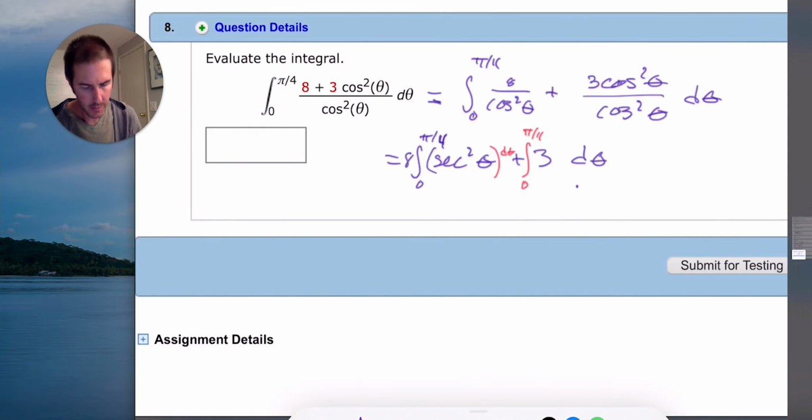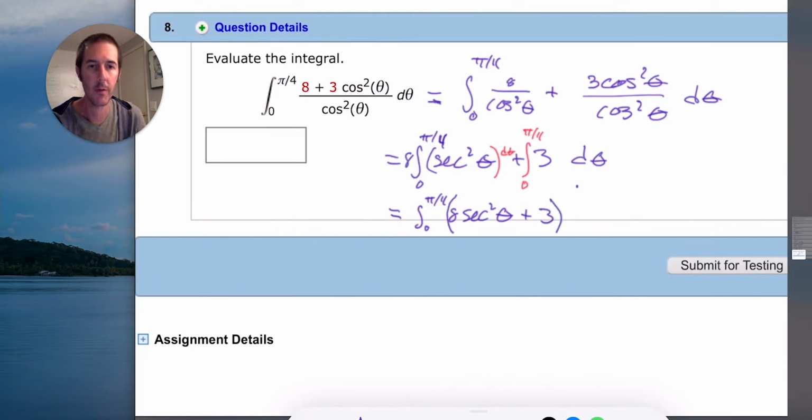Let's leave it in there. I would write this as the integral from 0 to pi over 4 of 8 secant squared theta plus 3. That way you can put all of that in parentheses because you are going to take the antiderivative of all of that with respect to theta.